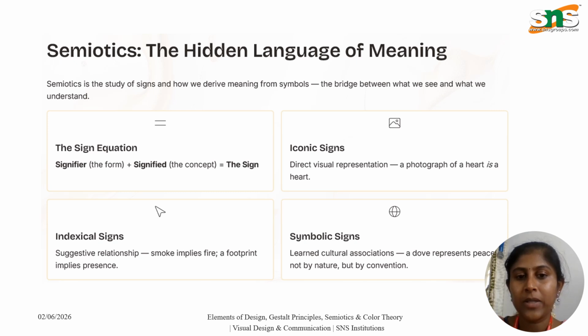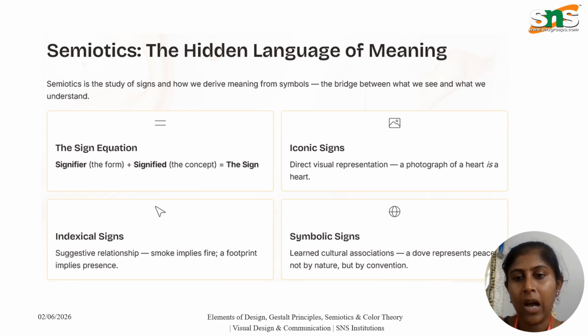Semiotics is the study of signs and symbols and the meaning that they communicate. The first type is the signifier, which is the physical form we see, such as a traffic sign or icon. The second is the signified, which is the meaning or idea represented by that symbol. An iconic sign directly resembles the object it represents.